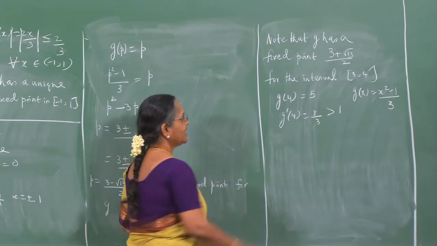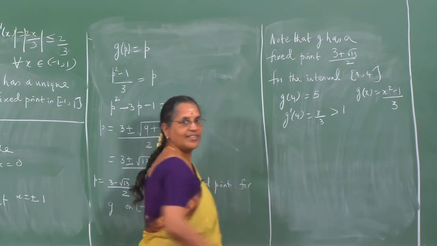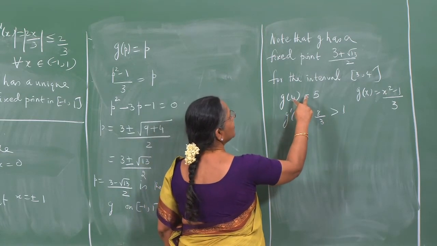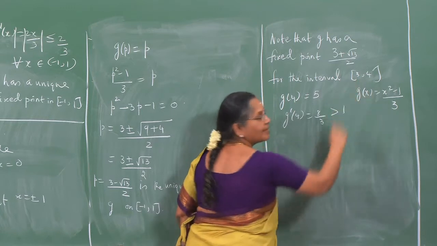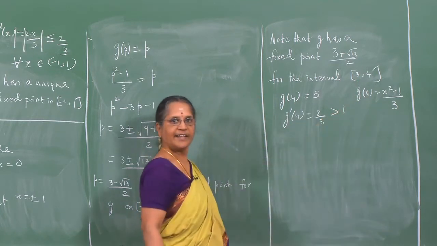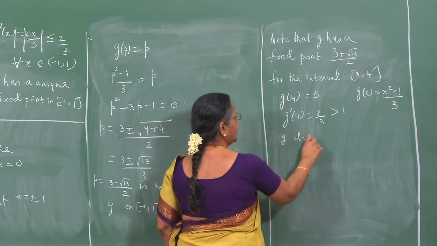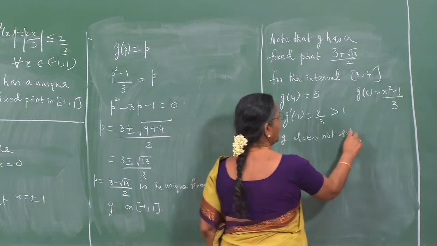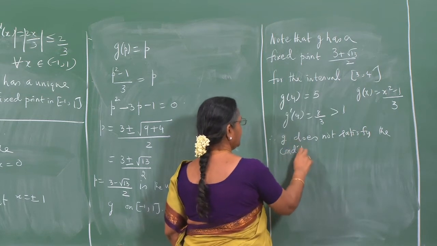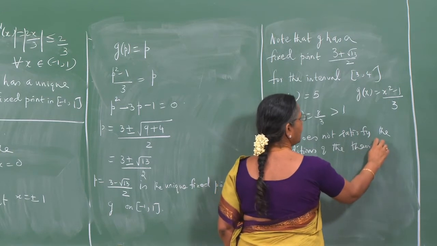So, we observe that g does not satisfy the conditions of the theorem, because g does not take values within this interval, and in addition g dash of 4 is greater than 1, and therefore, g does not satisfy the conditions of the theorem that we have proved just now.